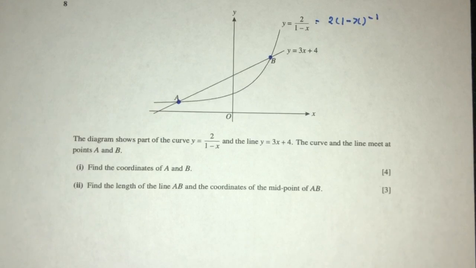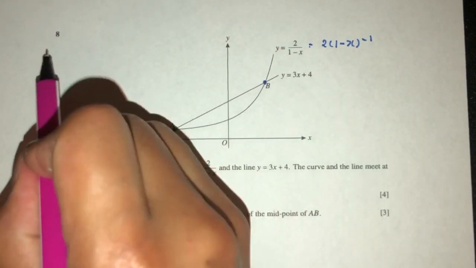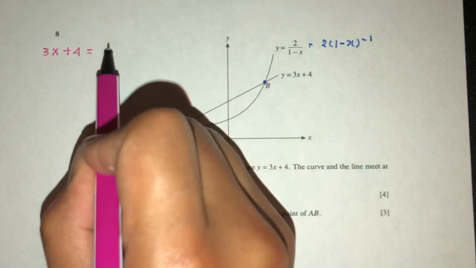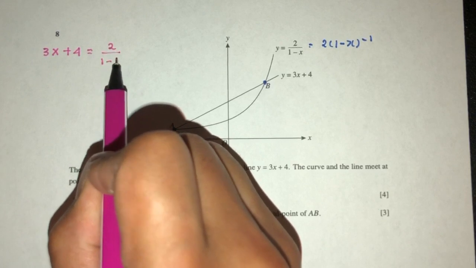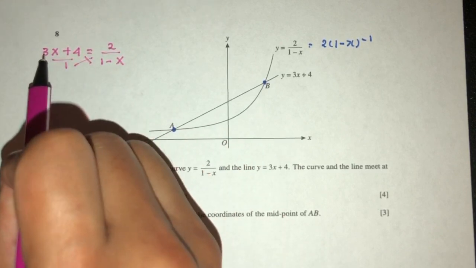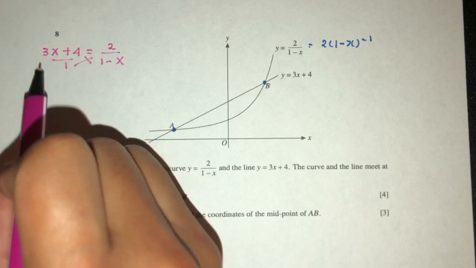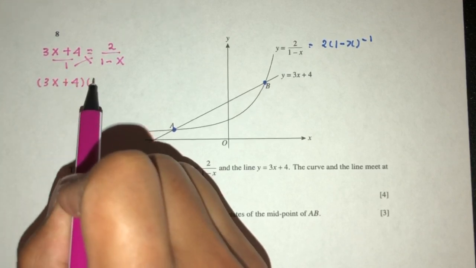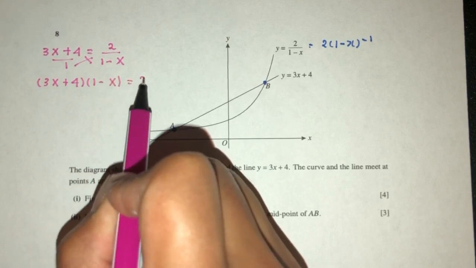Now whenever we see meet, we know we have to solve the equation simultaneously. So on one side you will have 3x plus 4 is equal to 2 over 1 minus x. We can cross multiply. So let's simplify. We have 3x plus 4 multiplied by 1 minus x, and that will be 2.